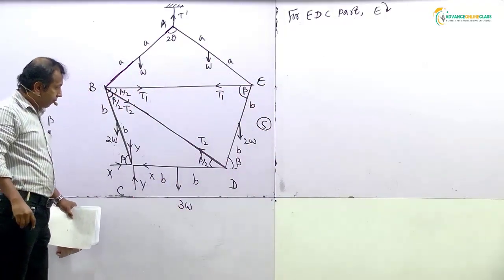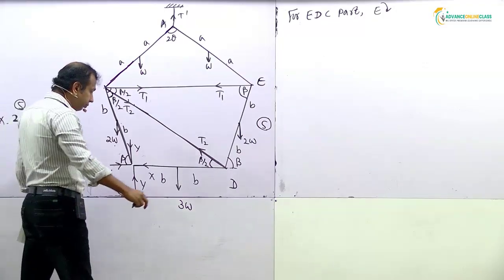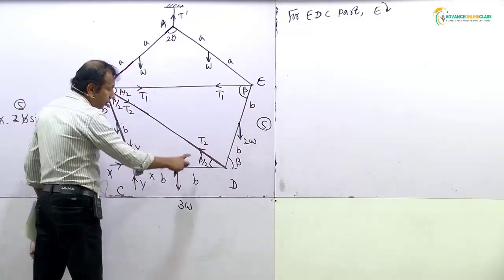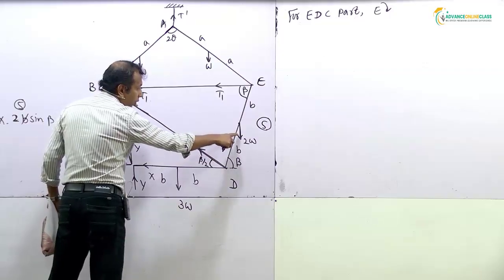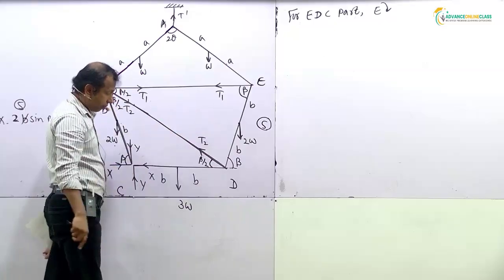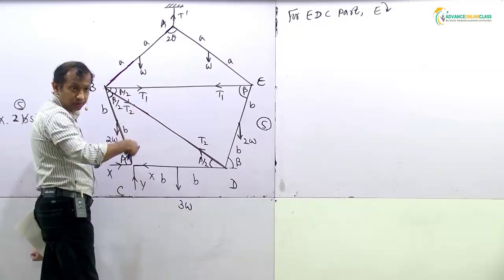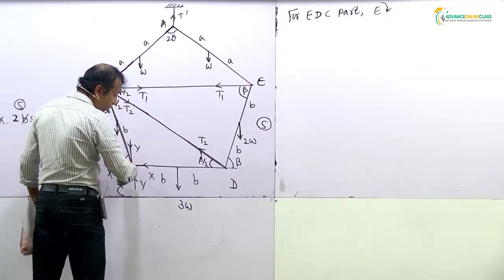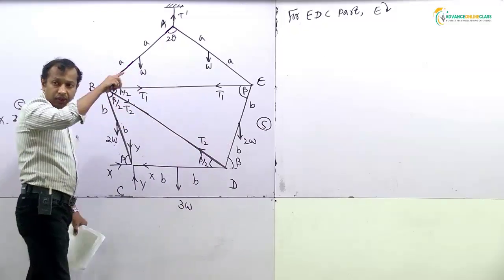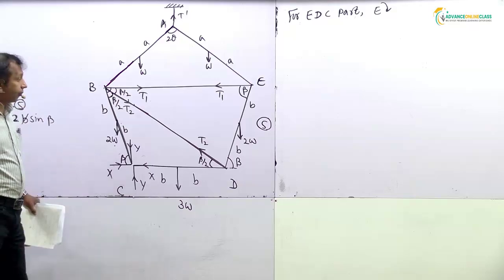What do you get there? Around E, tell me the clockwise moment forces. T2, clockwise. Y? Clockwise. X? Also clockwise. 3W and 2W clockwise. Okay, correct, no?